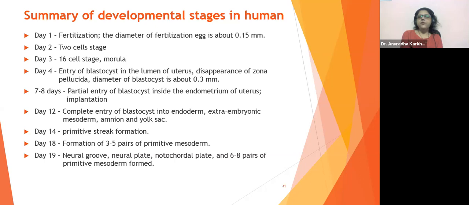Day 18, formation of 3 to 5 pairs of primitive mesoderm, means that embryonal mesoderm. Okay, 3 to 5 pairs. They're going to move. Day 19, neural groove, neural plate, notochord plate, 6 to 8 pairs of primitive mesoderm form. So see how the progression is taking place, right?